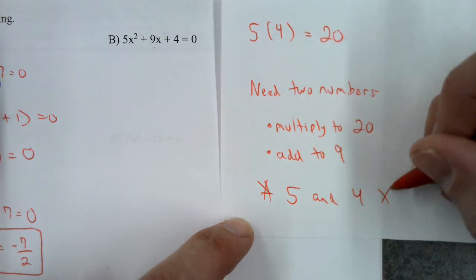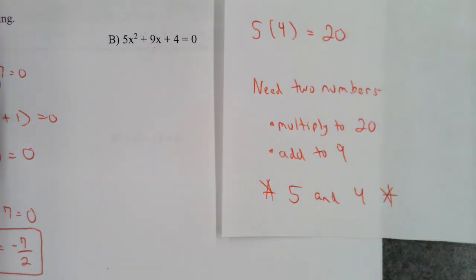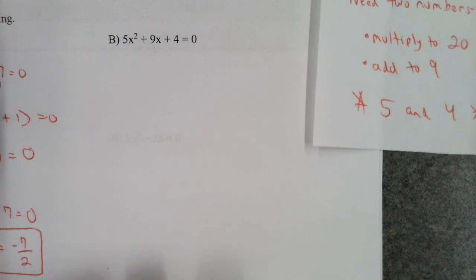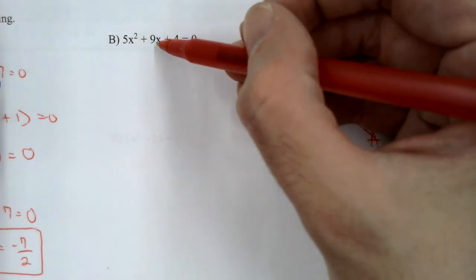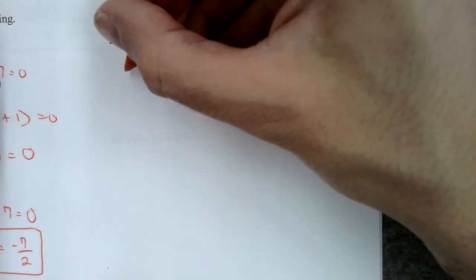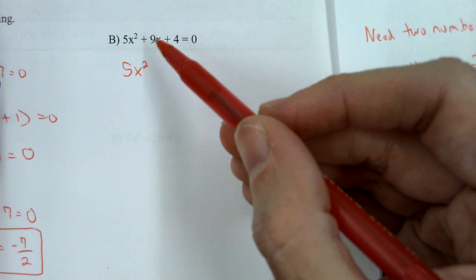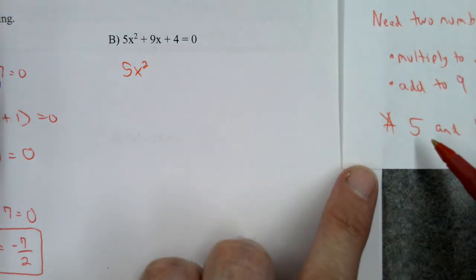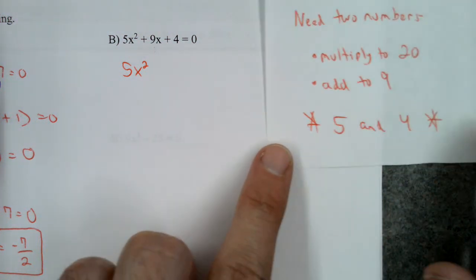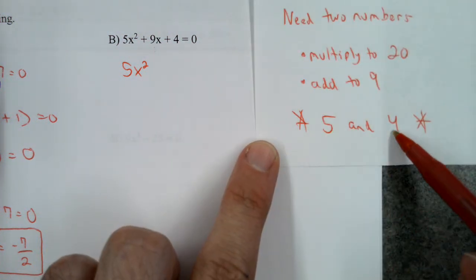It's going to be 5 and 4. That's the pair that you want. If you remember, you rewrite the middle term with those two numbers. So 5x squared stays. This 9x gets rewritten as 5x plus 4x.